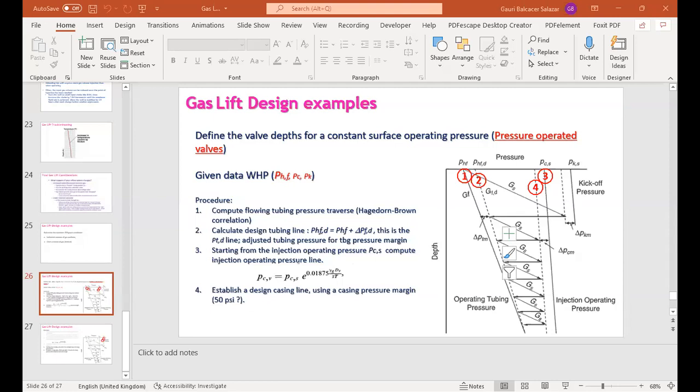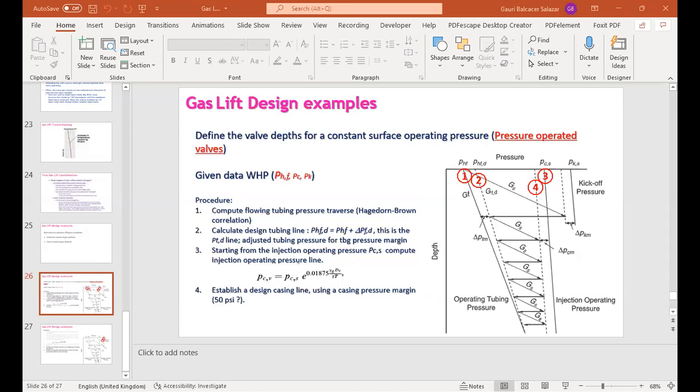So here we have the intersection of this plot, given as 632 standard barrels per day rate with the flowing pressure 698. But remember, this is when we have an unlimited amount of gas. So this is the operating point.